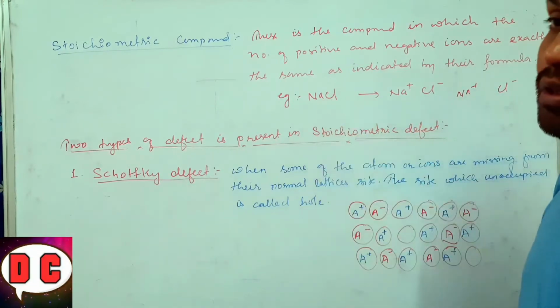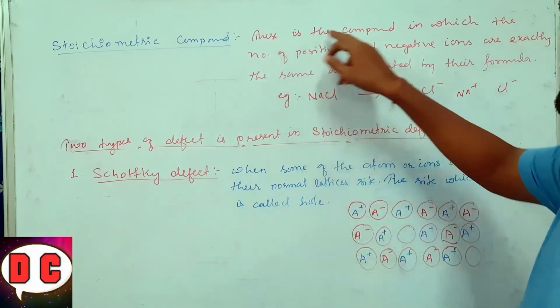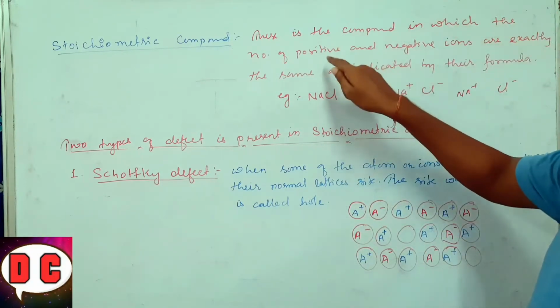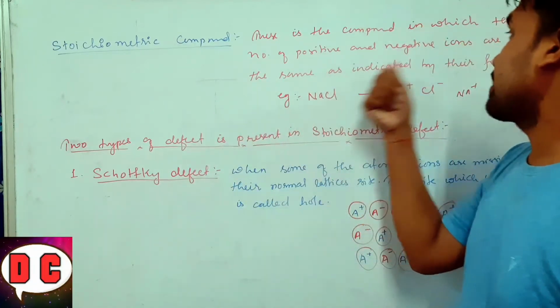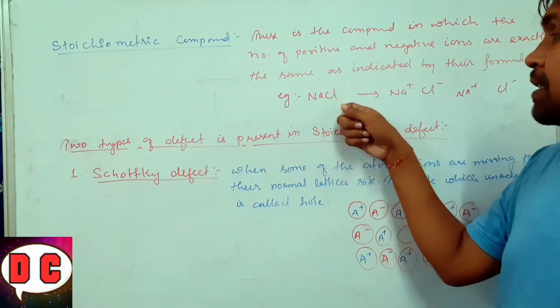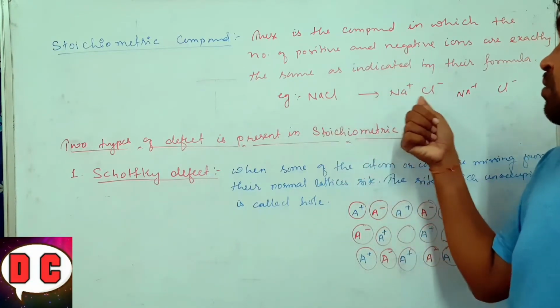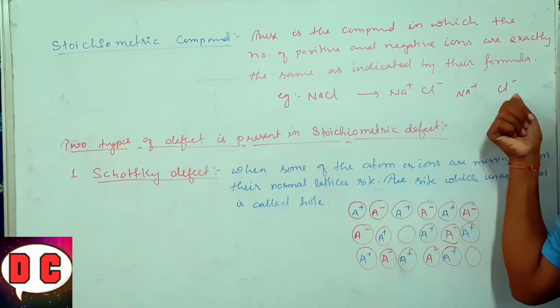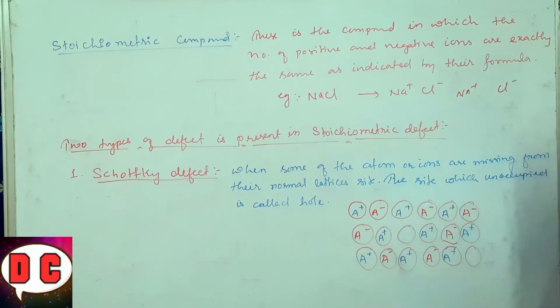So NaCl we call a stoichiometric compound. Here also you see 1 positive charge, 1 negative charge. So this kind of compound we call stoichiometric compounds.